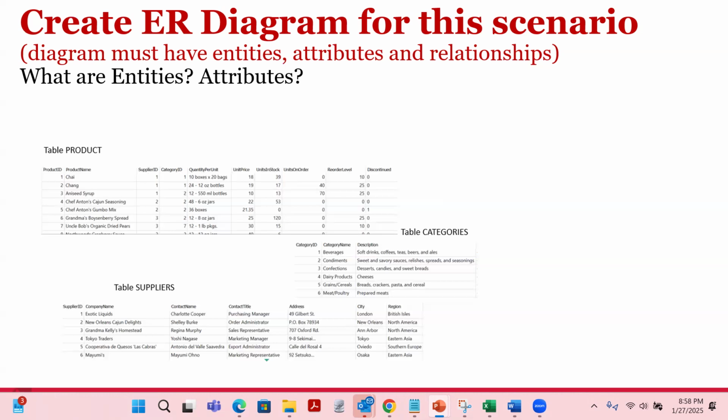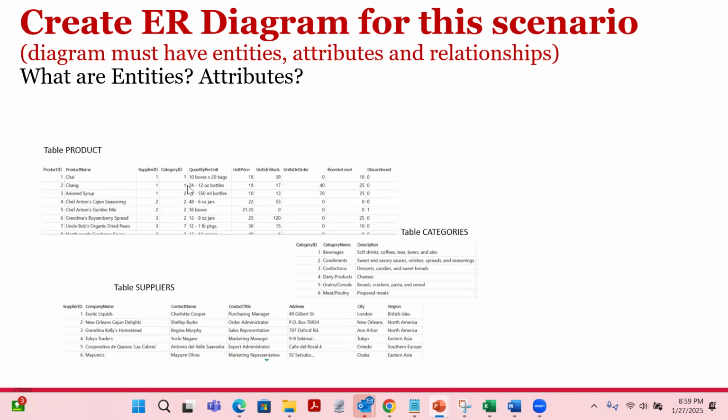Now, does every category have a product? So let's look at the category ID in the product table. In category, we have a total of 6 categories in the category table. 1, 2, 3, 4, 5, 6.